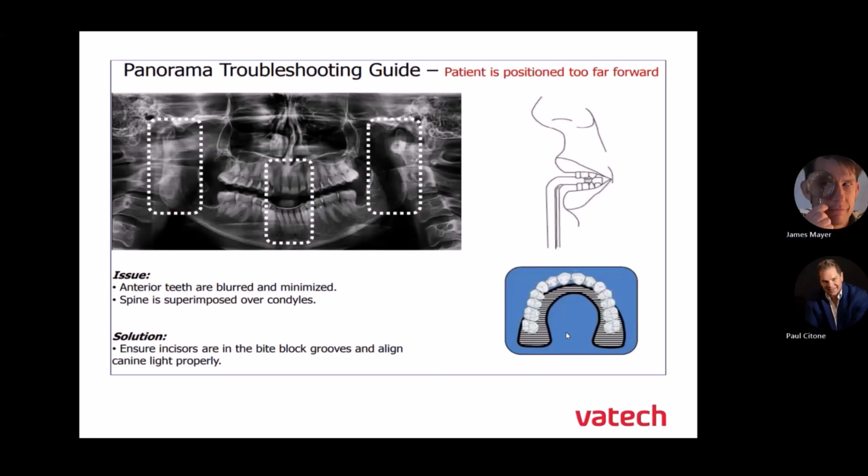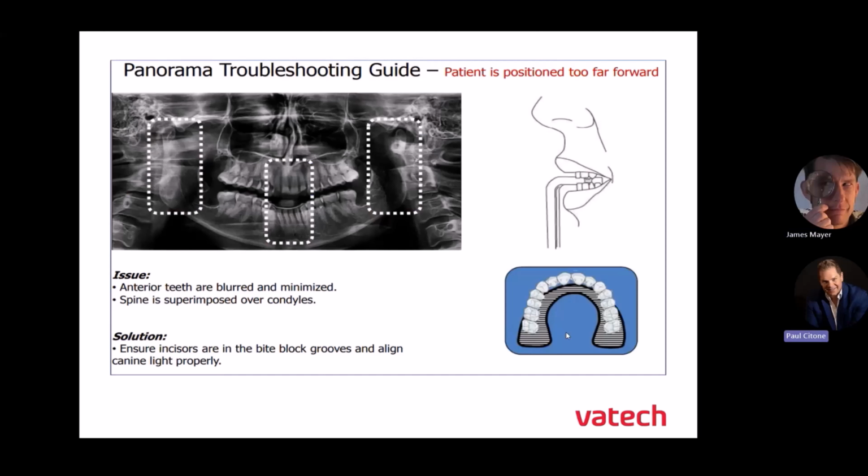The thing is, we're working with patients and they may not be compliant with what we've asked them to do. One thing that happens all the time is where they bite on the bite stick too far forward. They bite in front of the groove, and maybe we don't have our canine light properly aligned. Paul, what do we see here that usually happens when we're out of that focal trough?